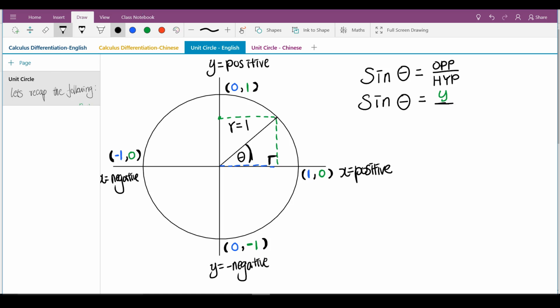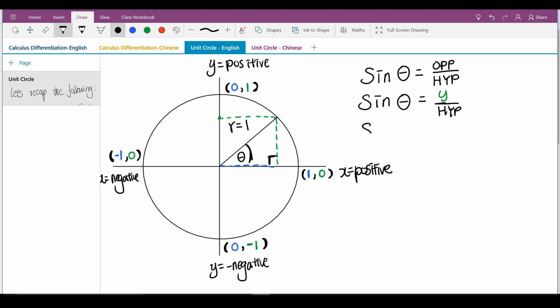And now the amazing thing you realize in a unit circle is that our radius is 1. Therefore our hypotenuse, this particular line here, has a value of 1, because the line from the origin to the outermost of the circle must be the radius of the circle, and hence it's 1.